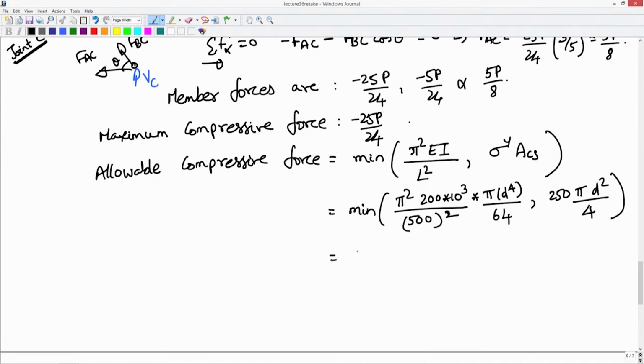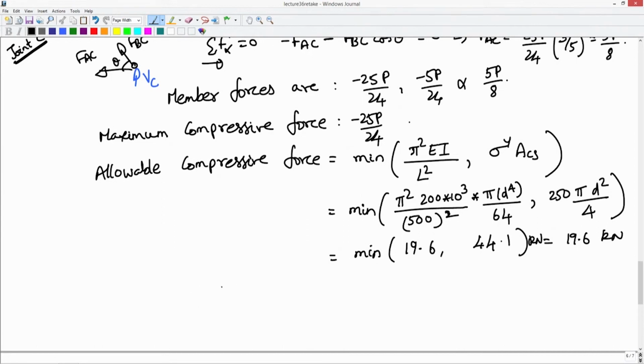which, if I evaluate it, will be the minimum of 19.6 and 44.1, which is 19.6 kilonewtons. So, what should I do?